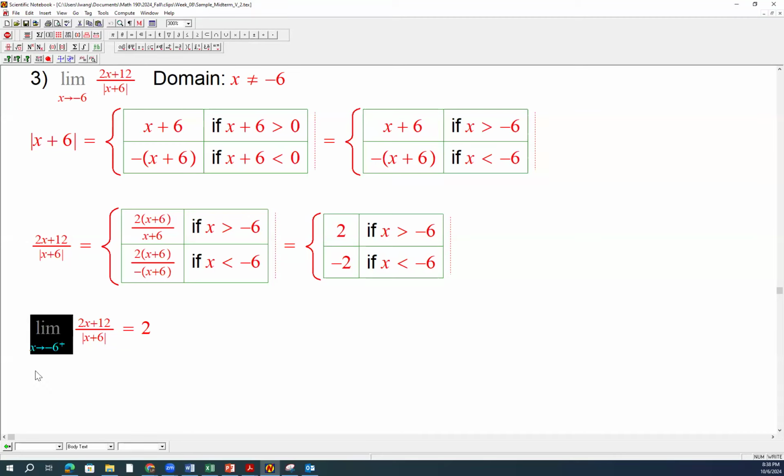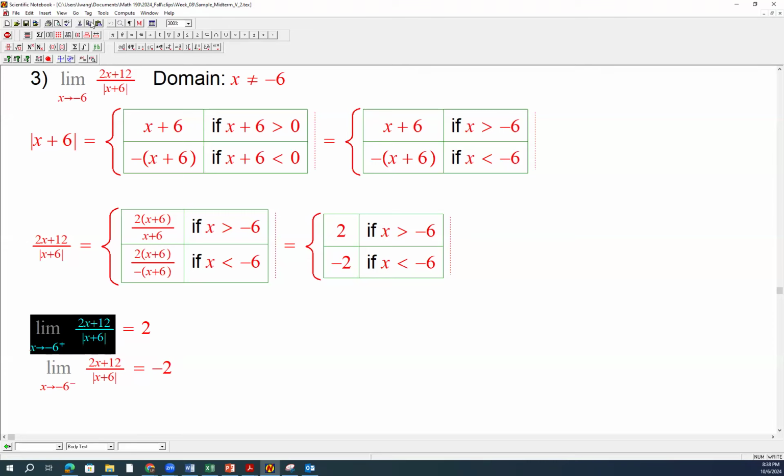If x is approaching -6 from smaller than -6, we put a negative sign on the shoulder, and the limit of the function will equal -2.